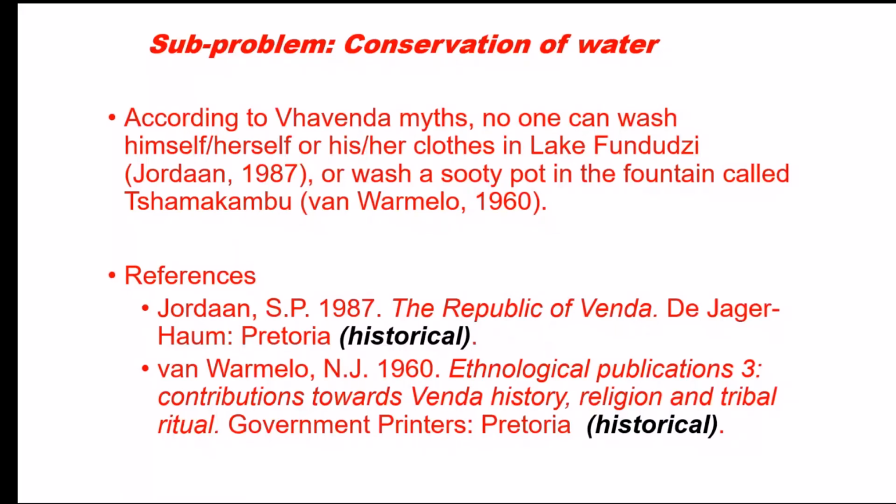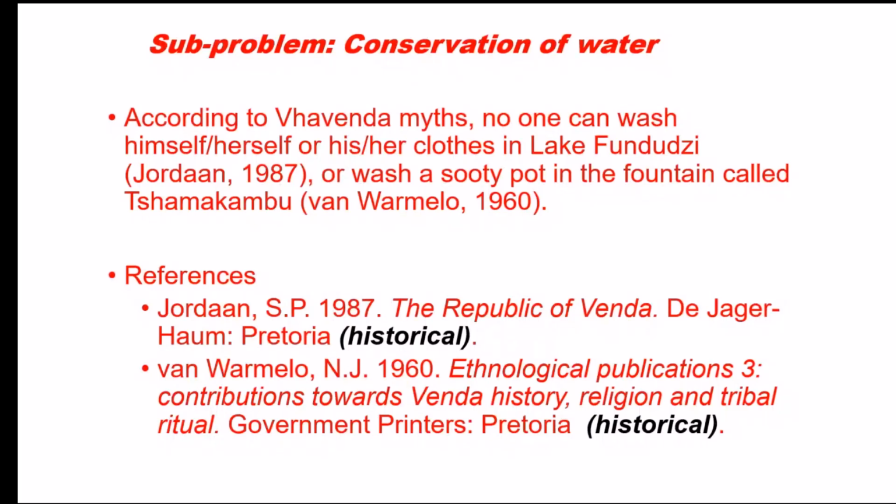And the last author, Van Warmelo, NJ 1960, Ethnological Publications 3, Contributions Towards Venda History, Religion and Tribal Rituals. So the rituals, the religion, and this history, from it we extracted, because we noted that it talks about the relationship between the Venda and the water sources. But the book was historical.